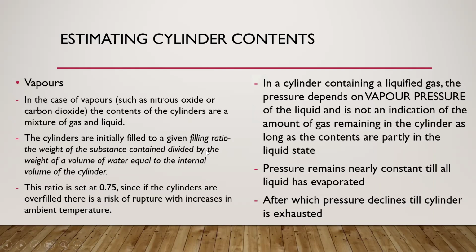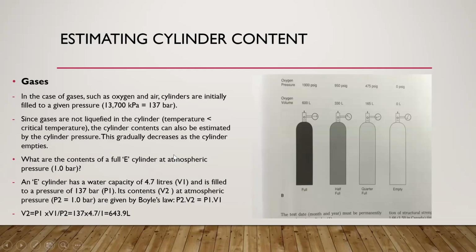For instance, now I picked this from somewhere. So this question, look at what are the contents of a full E cylinder at atmospheric pressure. So what we're going to do here is we're going to use Boyle's law. I hope we still remember. The volume of a given mass of gas is inversely proportional to the pressure.